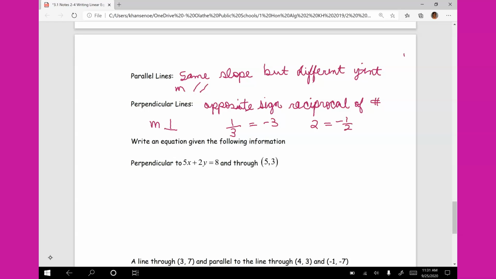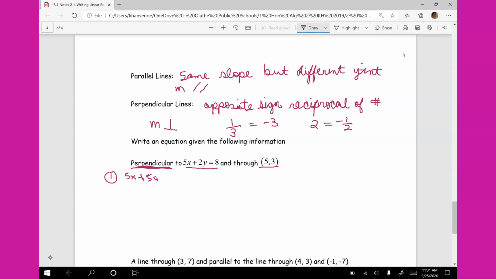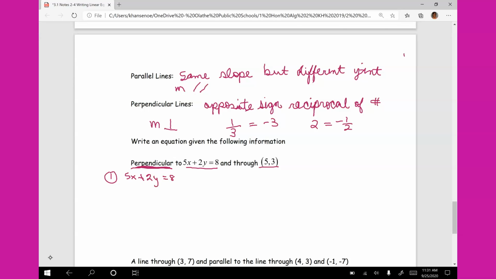So if I want you to find a line that's perpendicular to this line and going through that point, the first thing I want you to do is find the slope. So I'm going to take 5x plus 2y equals 8, and I'm solving for y.